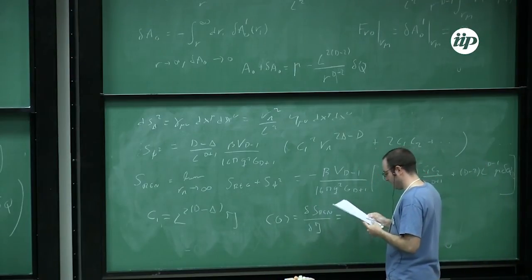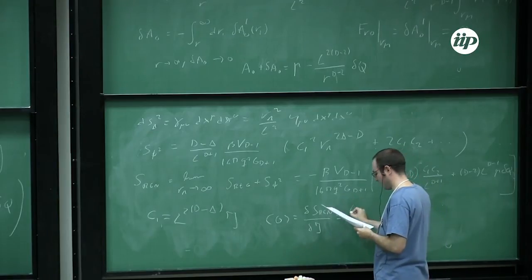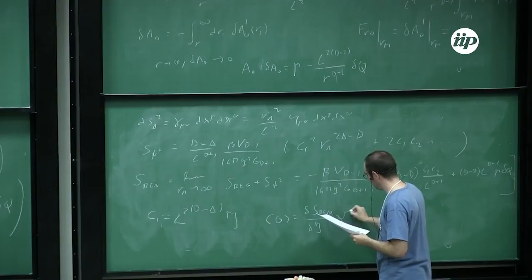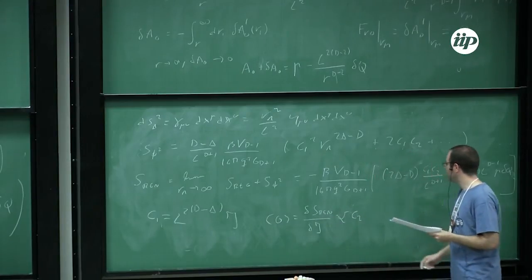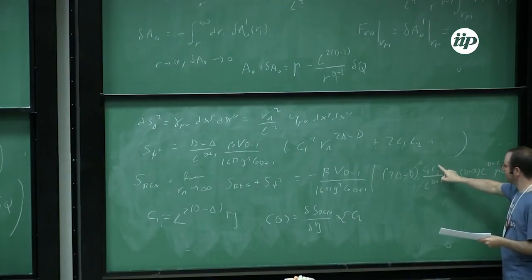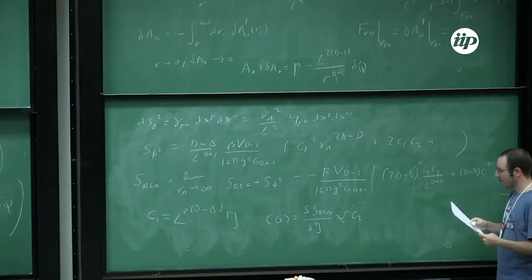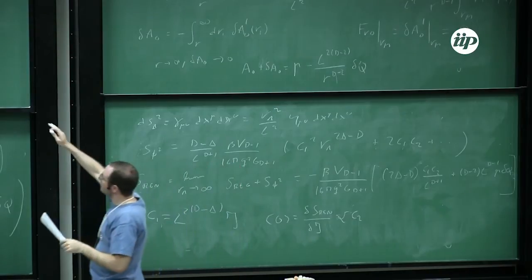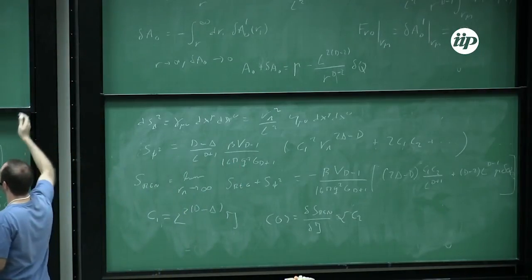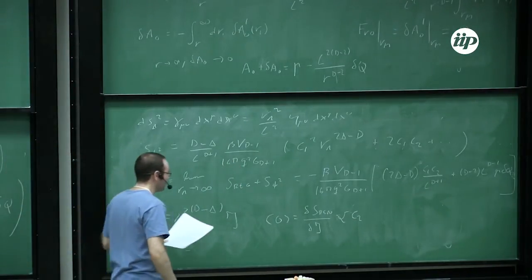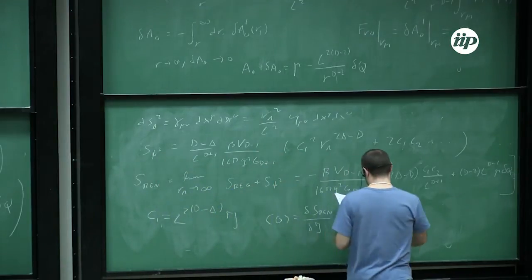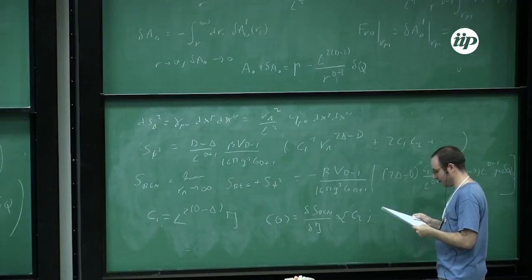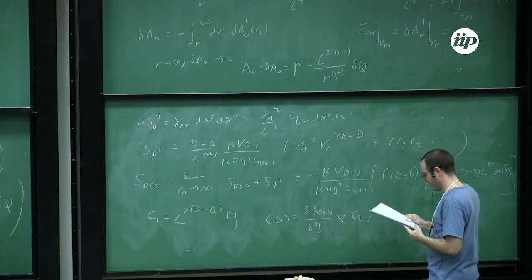So this gives some coefficient. This gives something that is proportional to C2. You just see, if you take the variation with respect to C1, you get something proportional to C2. And then you can use this solution, expanded when R goes to infinity, to read off C2. And then after you do that, you get some expression.